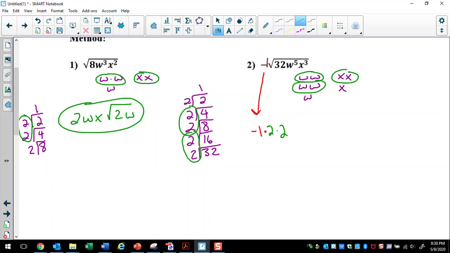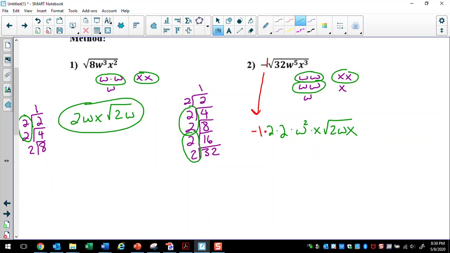So 2 to represent that pair, and then another 2 to represent that one. I've got 2 pairs of W's, so we can easily write that. I can write 2 separate W's, or I can just quickly go W squared. And then I've got 1 pair of X's. Left over inside is a 2, a W, and an X.